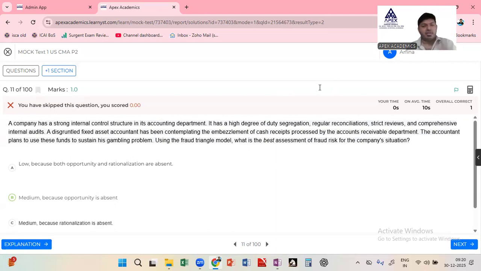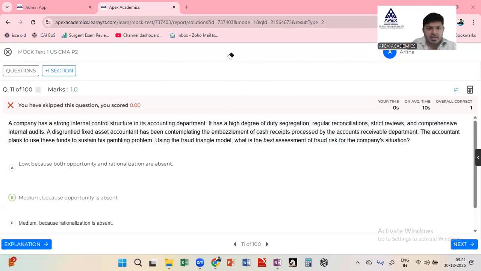He has been contemplating the embezzlement, theft or misappropriation of cash receipts processed by the accounts receivable department. The accountant plans to use these funds to sustain his gambling problem. Use the fraud triangle. What is the best assessment of fraud risk: high, low, or medium?